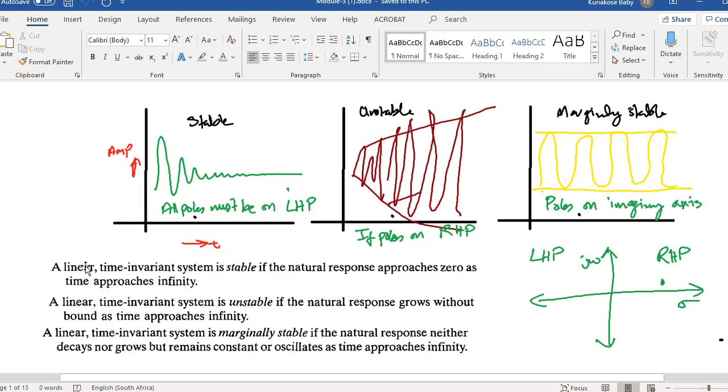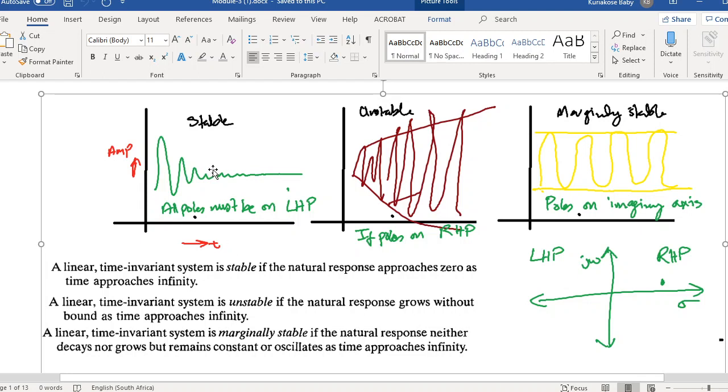So for a time invariant system to be stable, the natural response should approach zero as the time approaches infinity. So this is a stable system. It will have an initial rise, then these rises will die down and finally settle at a zero value as time approaches infinity.